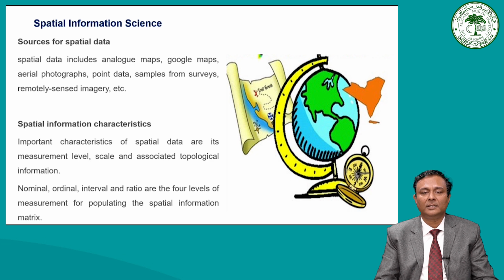There can be nominal, ordinal, interval, and ratio. These are the 4 levels of measurement for populating the spatial information matrix. These will be dealt with later in the coming lectures in detail. All of them hold different amounts of information and determine what analysis can be performed.